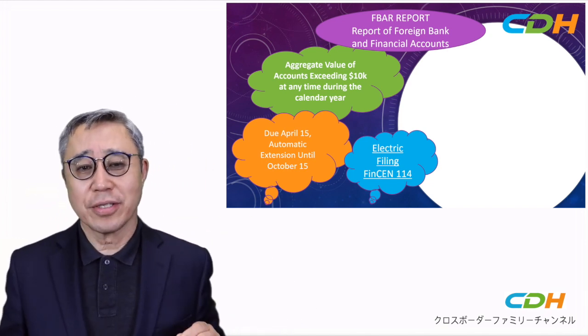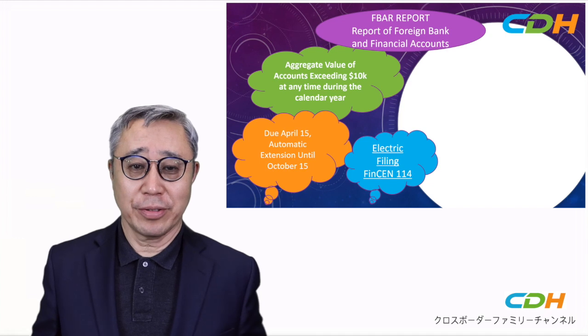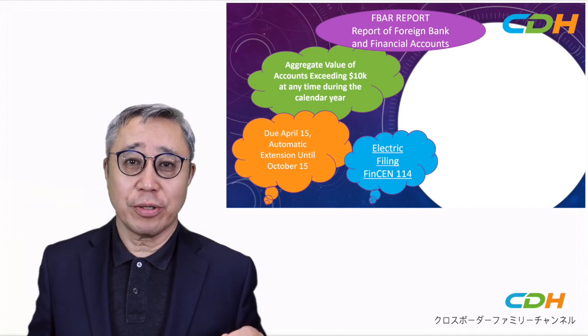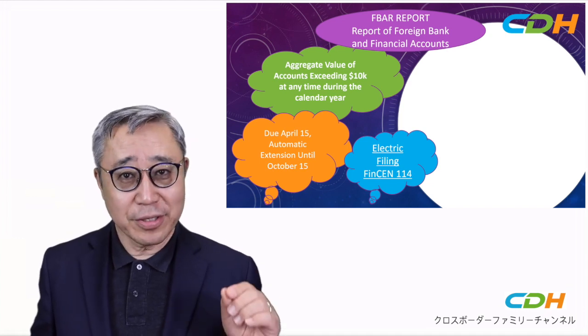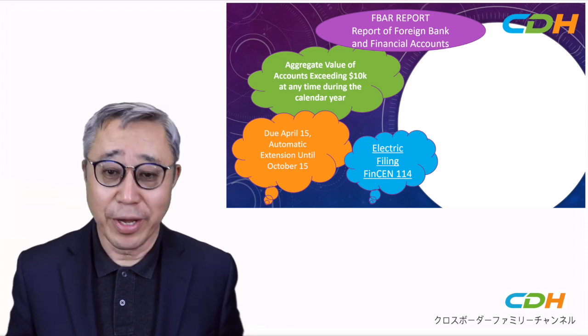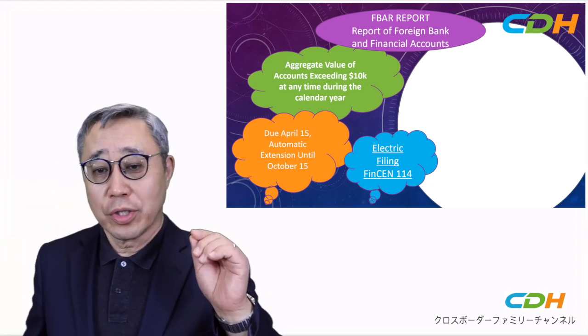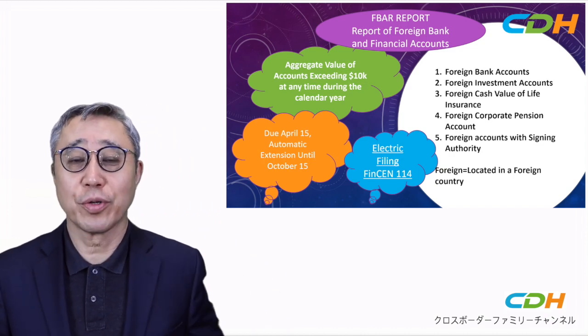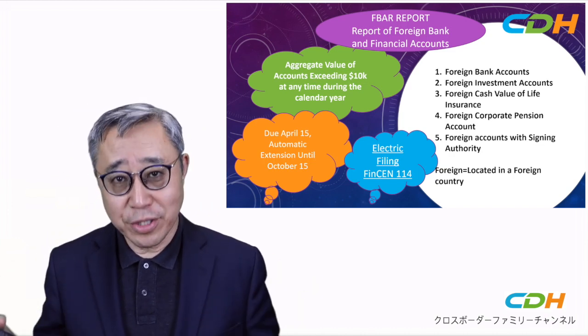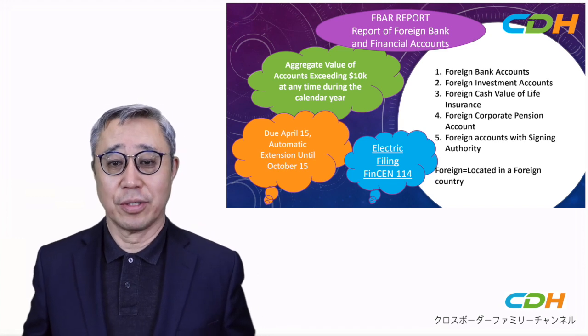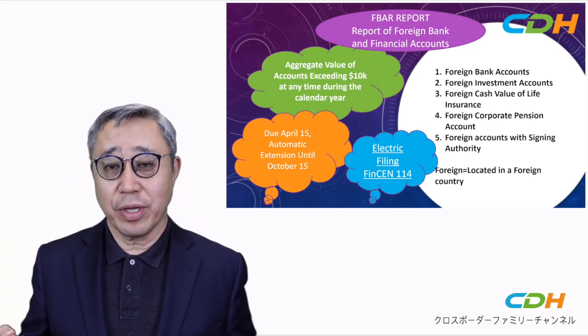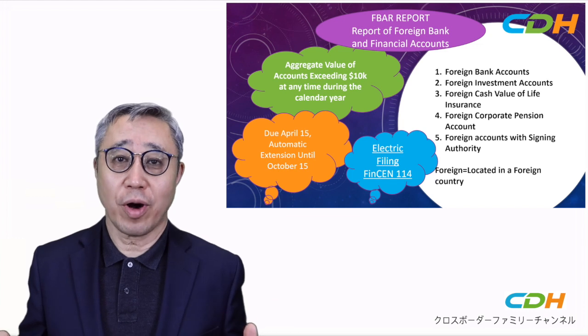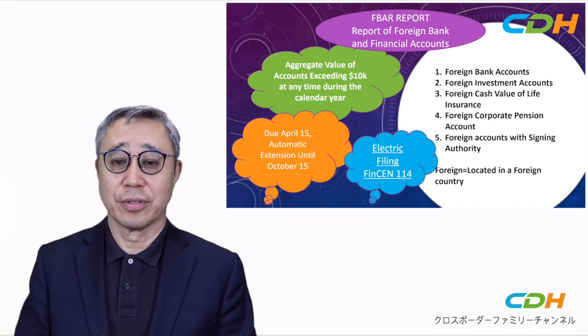So what are foreign financial accounts? It's not just a bank account, right? Number one, foreign bank accounts. Number two, foreign investment accounts. Number three, foreign cash value of life insurance.